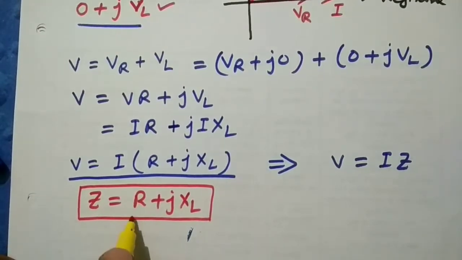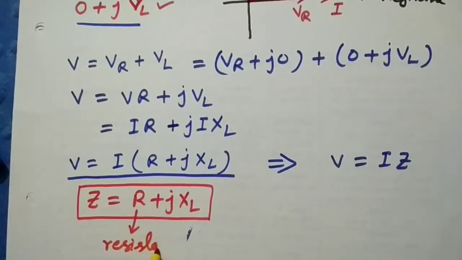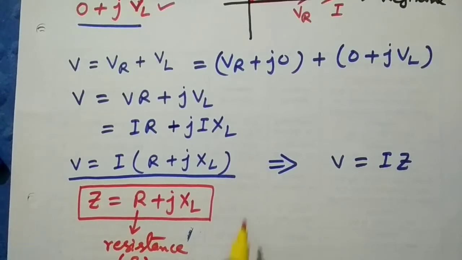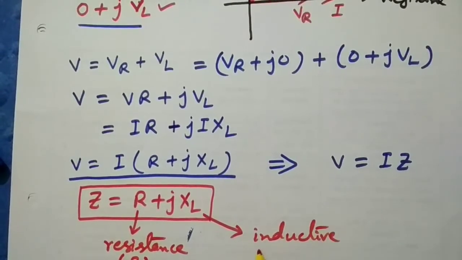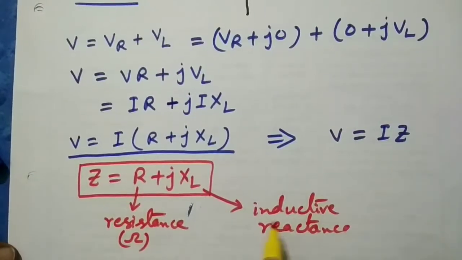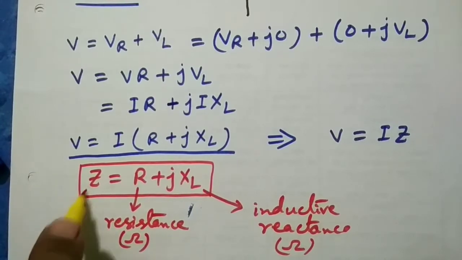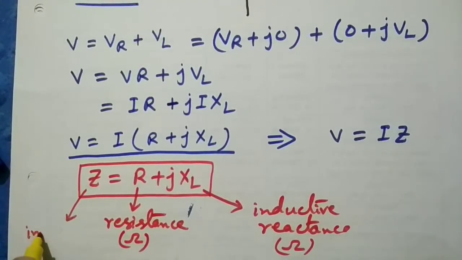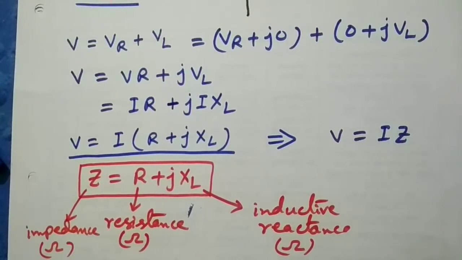Here the real part indicates the resistance of the circuit. The unit will be ohms. XL is the inductive reactance, and its unit is also ohms. So Z is the impedance and it is also in ohms.